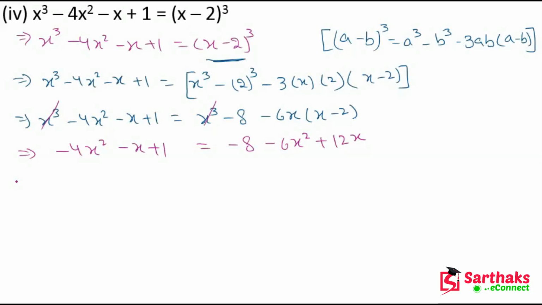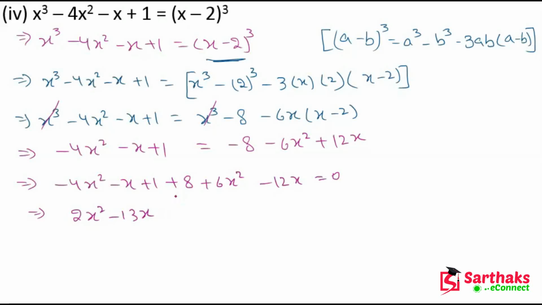Okay, now again shift all these terms to the LHS. So we get 4x square minus x plus 1 plus 8 plus 6x square minus 12x, which is equal to 0. Now if we solve it, we have minus 4x square plus 6x square, so we get 2x square. And we have minus x and minus 12x, so we get minus 13x, and plus 1 plus 8 is plus 9, which is equal to 0.